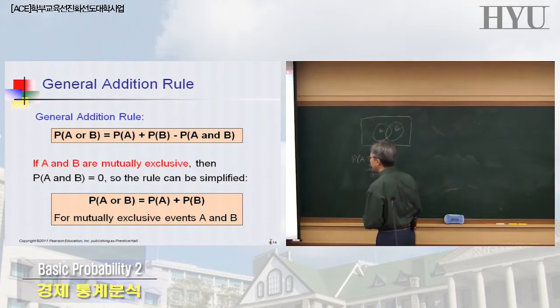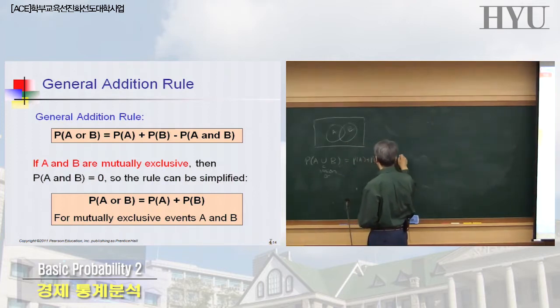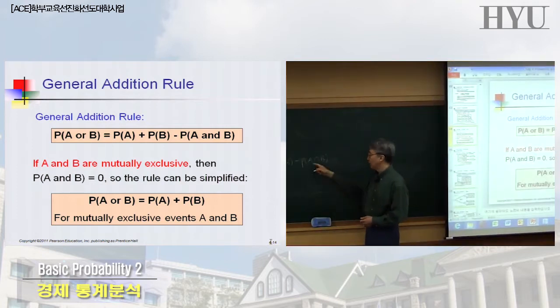That probability would be probability of A plus probability of B minus probability of A intersection B. What do we call this? This is A intersection B, right? And we also call it joint probability.